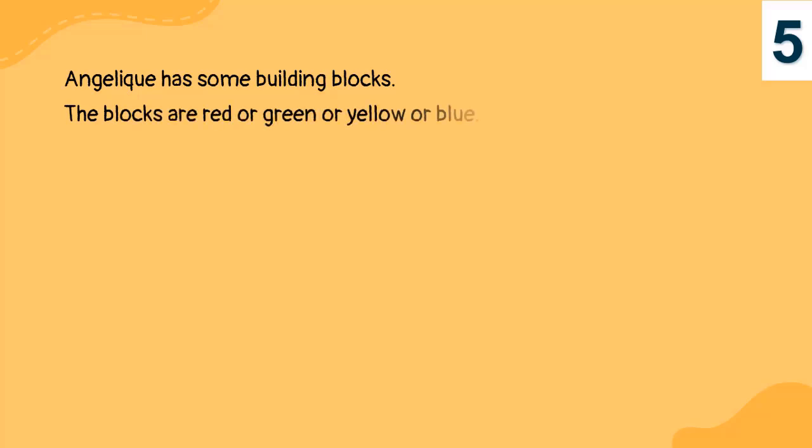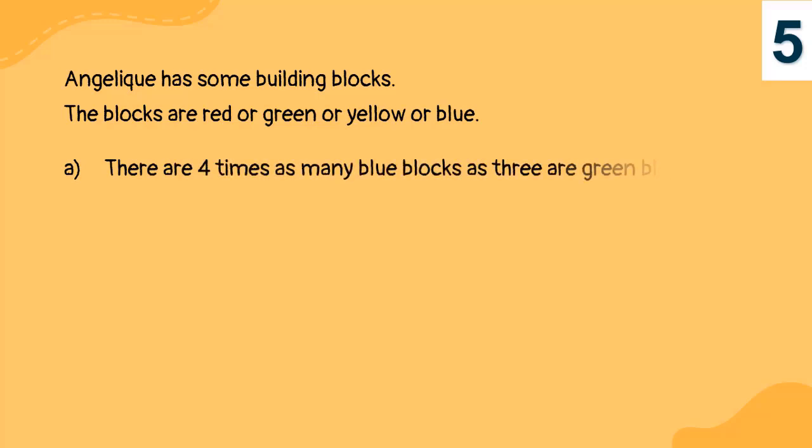Angeli has some building blocks. The blocks are red or green or yellow or blue. A. There are 4 times as many blue blocks as green blocks. Angeli picks a block at random.